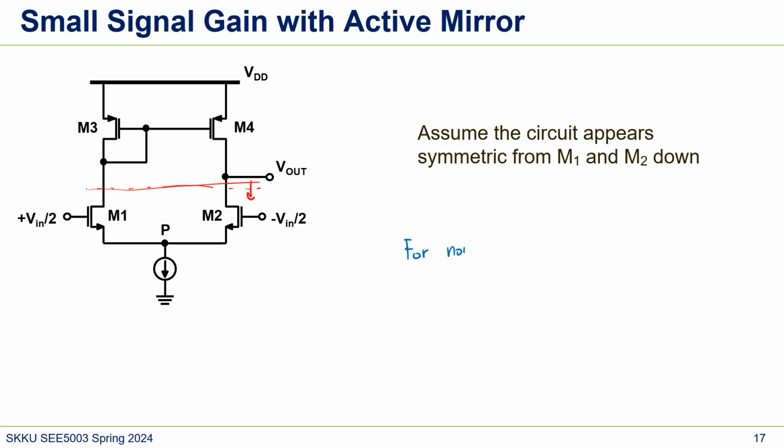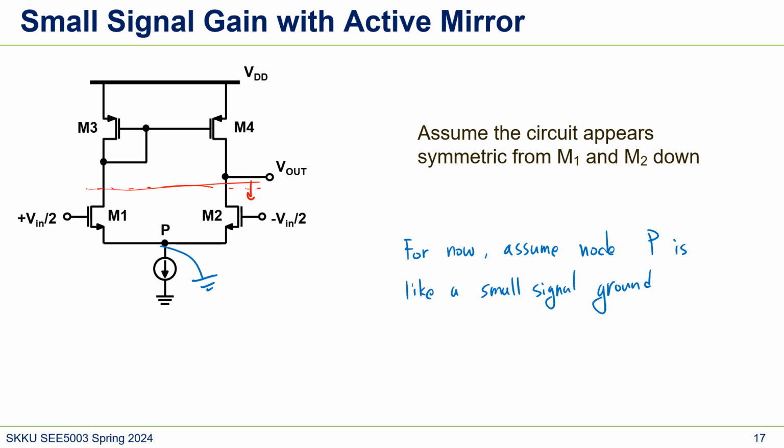For now, assume node P is a small signal ground. We will just assume that P is ground, because these are symmetric.